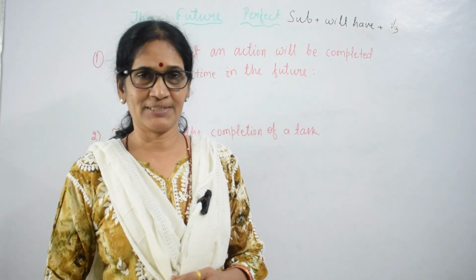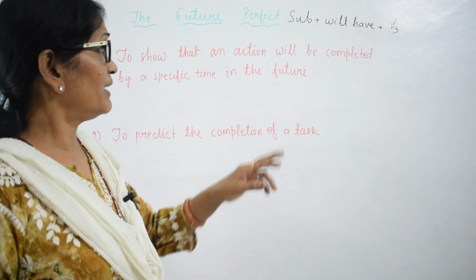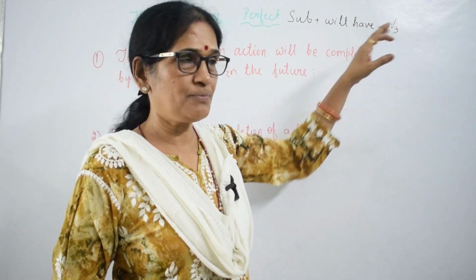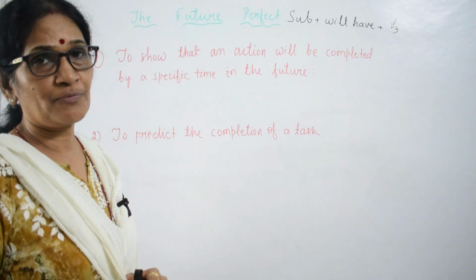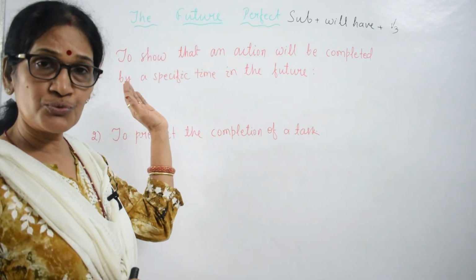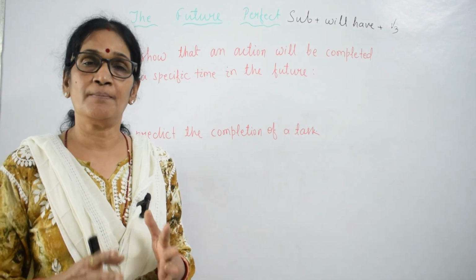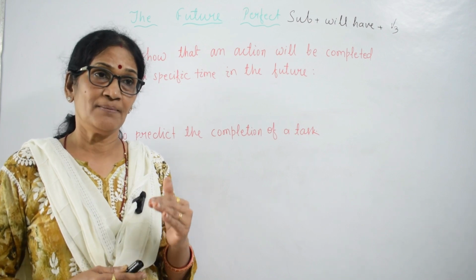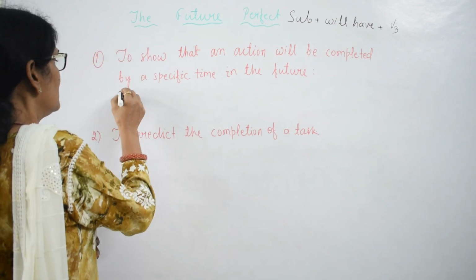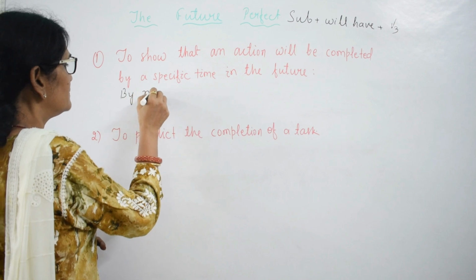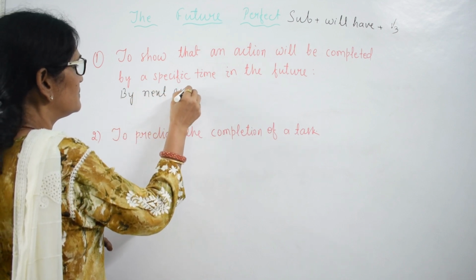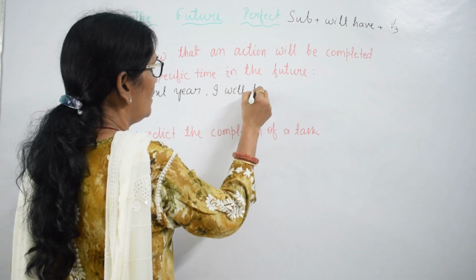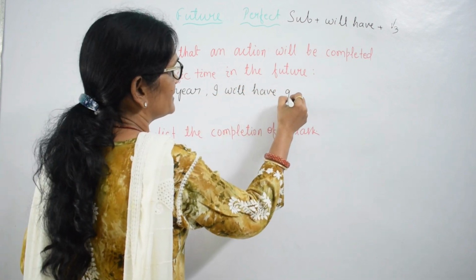Then we'll see future perfect. The structure of future perfect: subject plus will have plus past participle form of a verb. We use future perfect to show that an action will be completed by a specific time in the future. For example, by next year, I will have graduated.